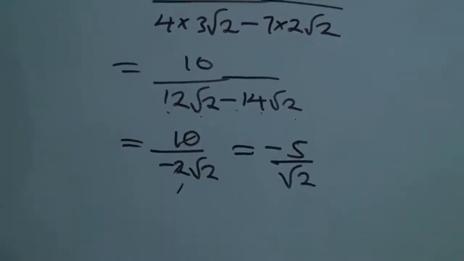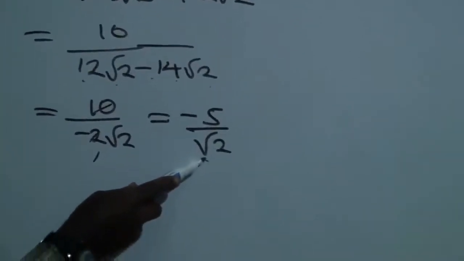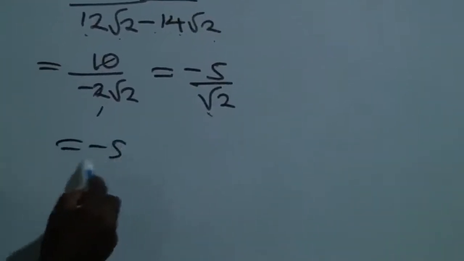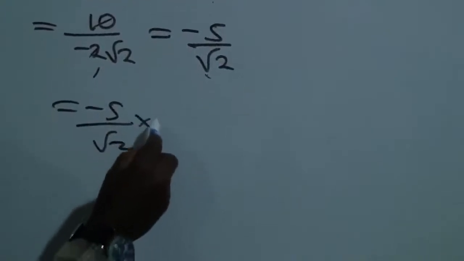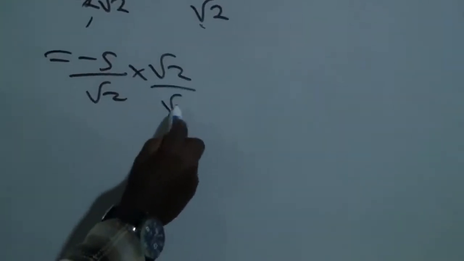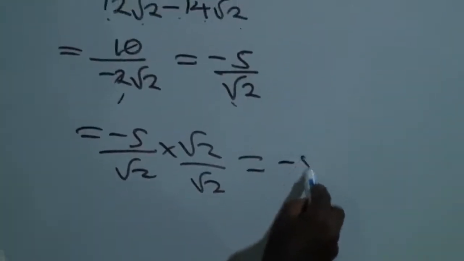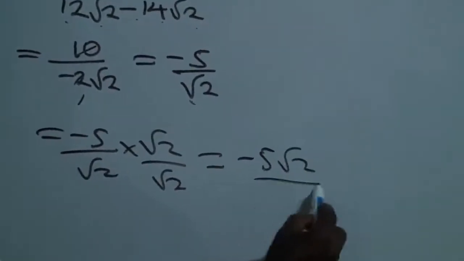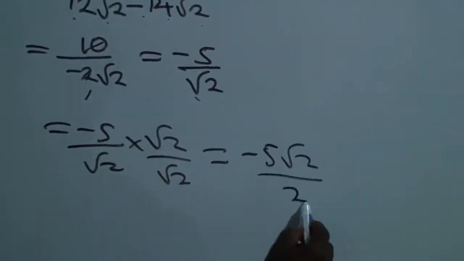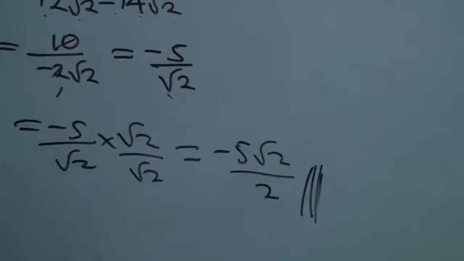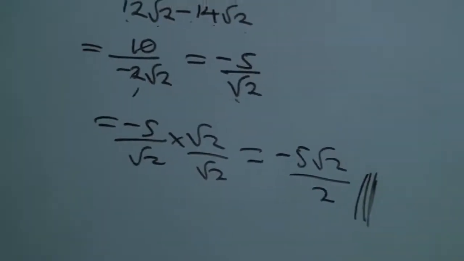And again, we have to rationalize the denominator. That means −5 over √2 times √2 all over √2. And this gives us −5√2 all over √4. And √4 is what? 2. And that is the final answer you have here.